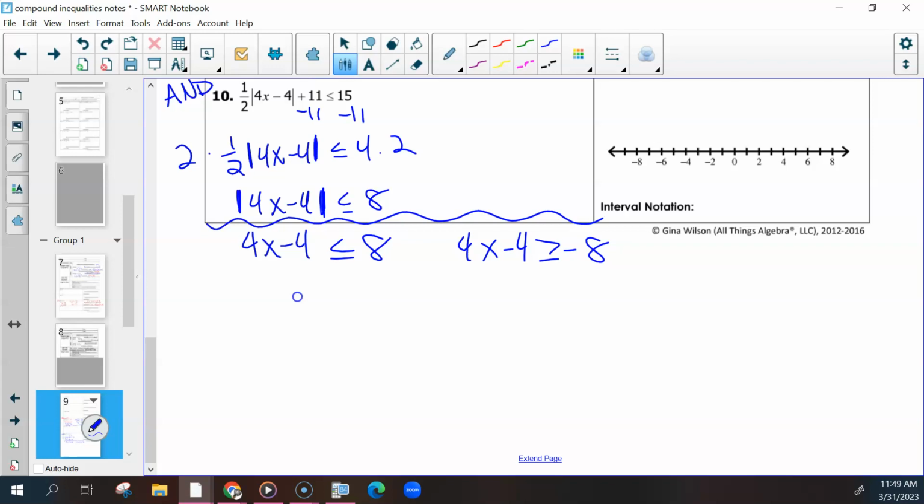And then solve both. Add 4 to both sides. Divide both sides by 4.